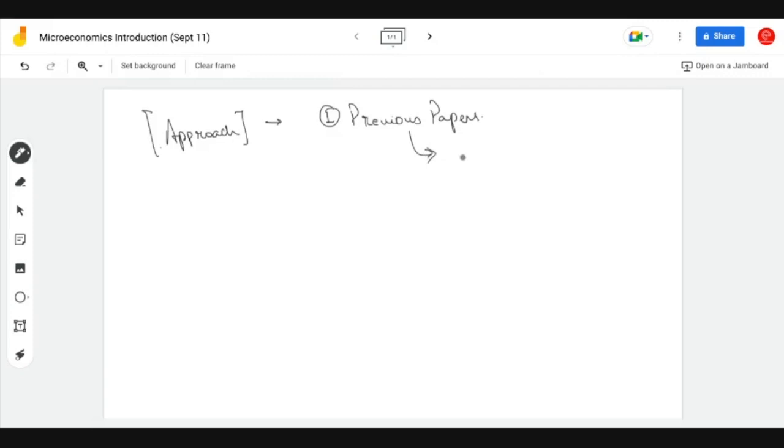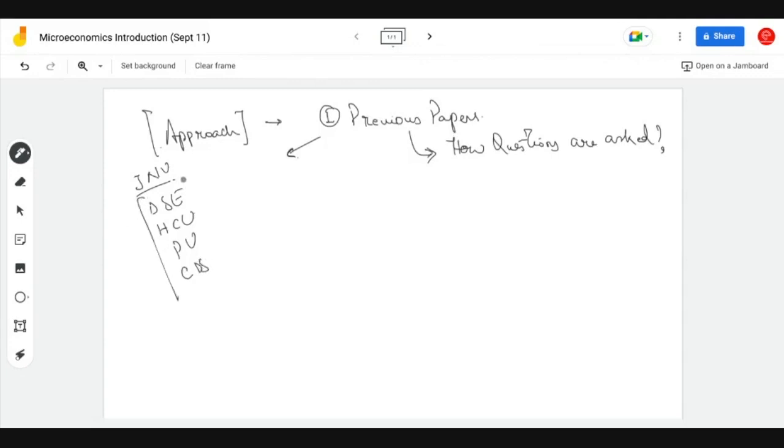Why previous papers? Previous papers will help us to understand how questions are asked. Okay. How questions can be asked from any particular topic. Why? Because when we look at previous papers earlier, we know that yes, JNU had its own examination, DSE had its own examination, let's say HCU has its own examination, or Pondicherry or Center for Development Studies, all these institutions had their own examination.